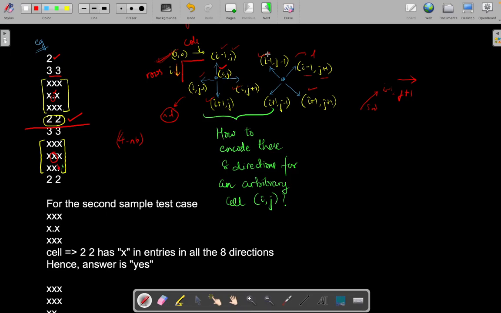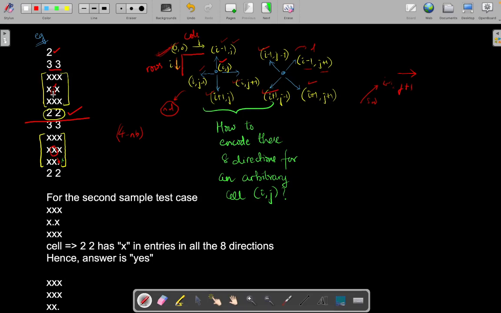So let's take this example. As we can see, in example one, all the eight neighbors have x in them, so the answer to this will be yes. In the second example, the input cell is 2 2, the same cell as above, and we do not care whatever is present in that cell.